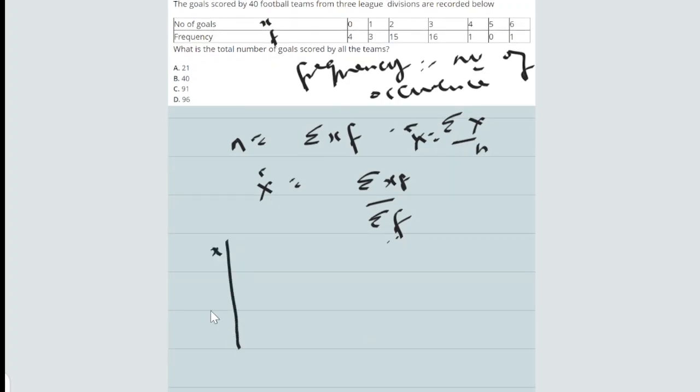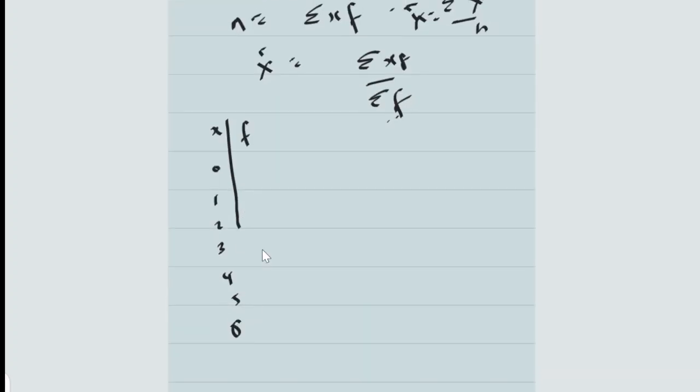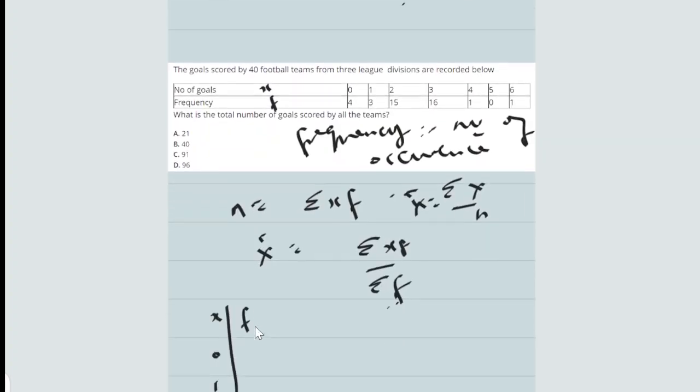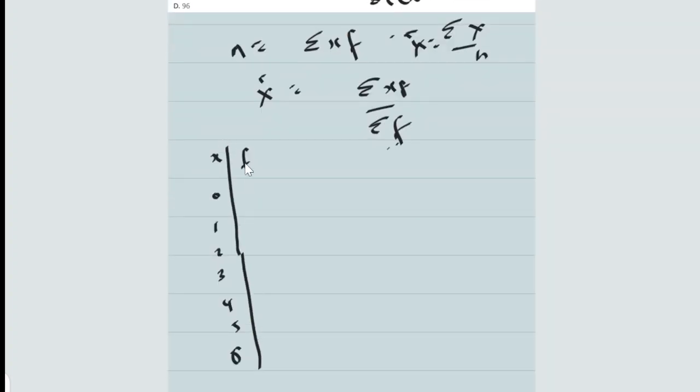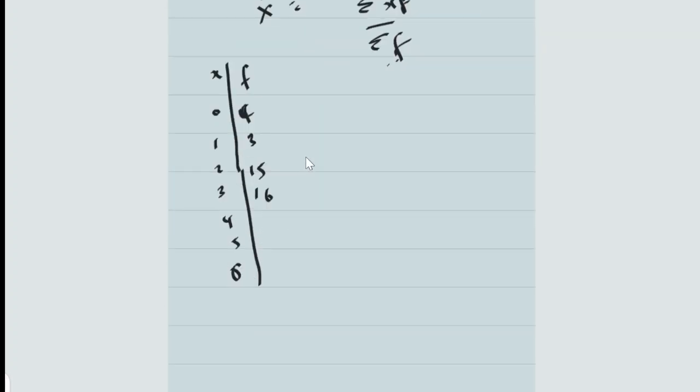You have your X, you have your F, you have 0, 1, 2, 3, 4, 5, 6, right? And what is their frequency? 4, 3, 15, 16, 1, 0, 1. Then you now find your fx.